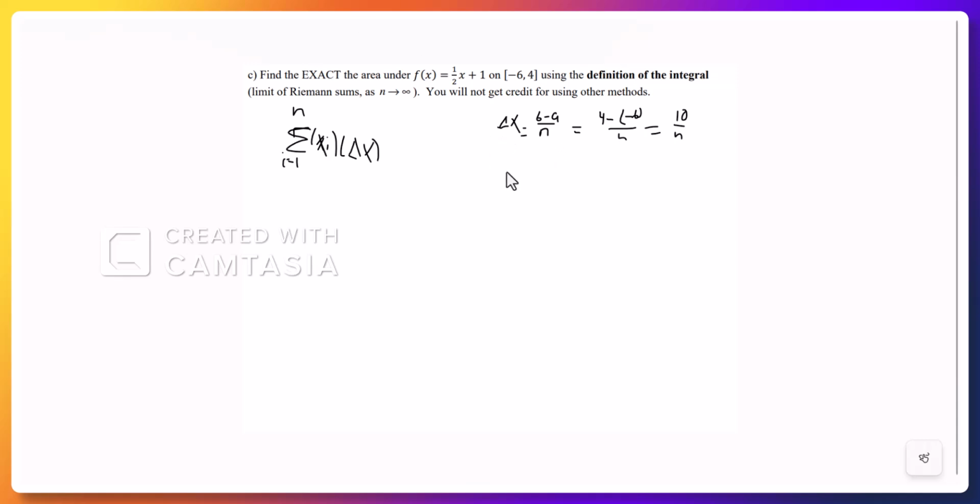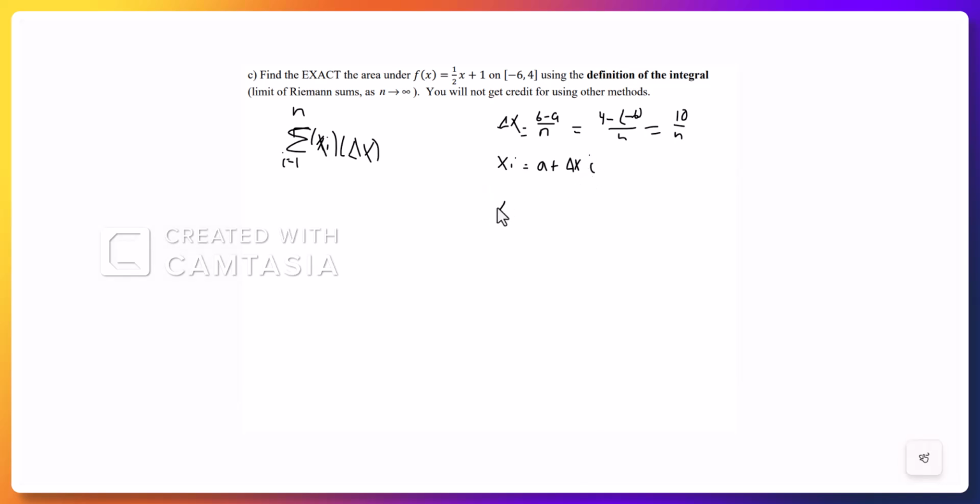Next, we're going to find the xi, and this is going to equal a plus the change in x times i.